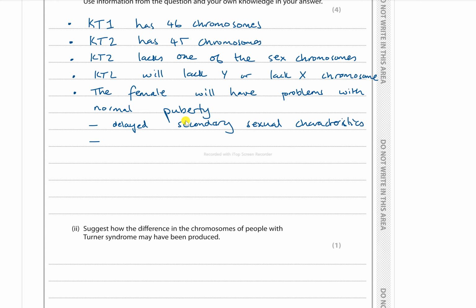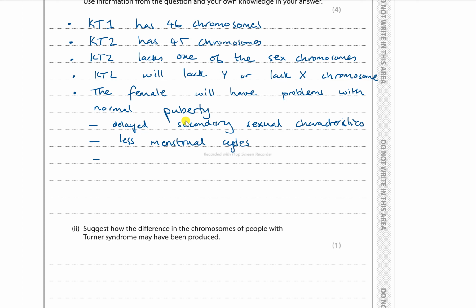You're gonna have less, I suppose, what do you call them? The cycle, the menstrual cycle, less or irregular menstrual cycles. It could cause that.